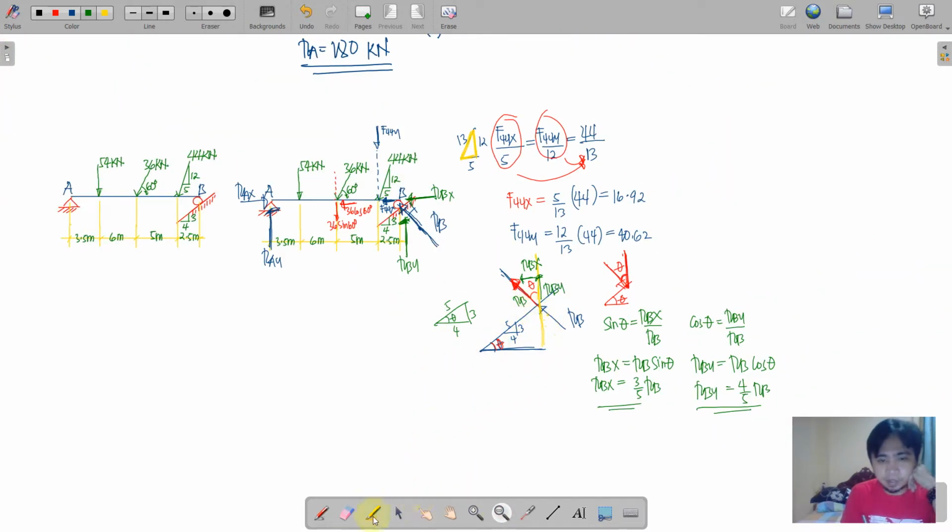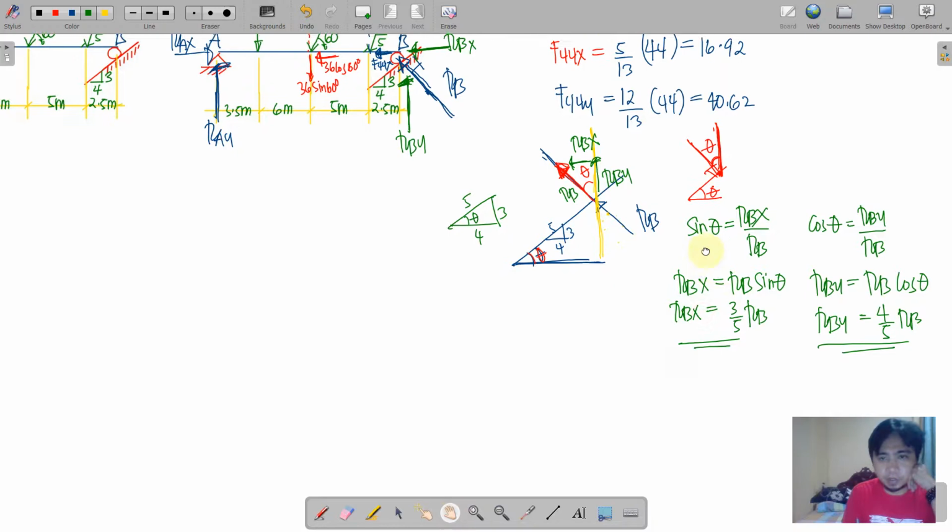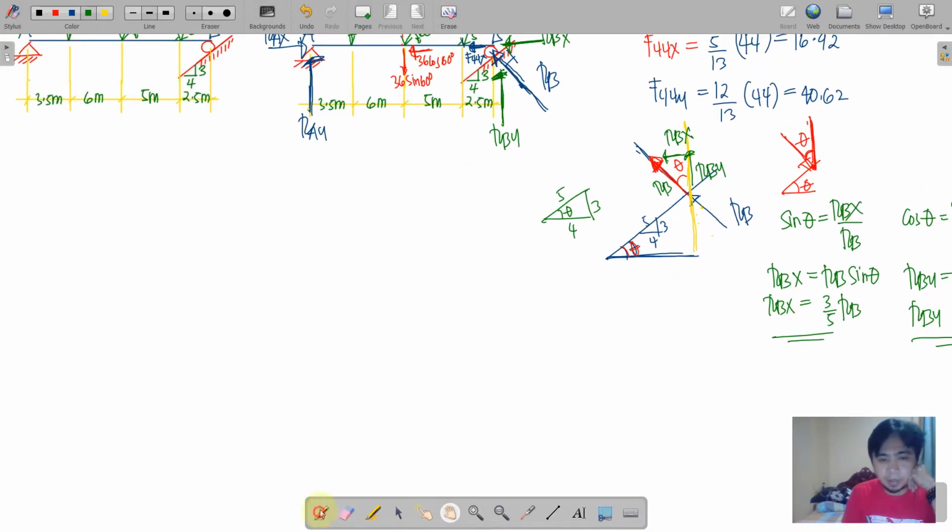Perhaps we can fix our figure for us to have it more convenient to work with. Okay, see, this is the beam. We have already RAY and RAX here.